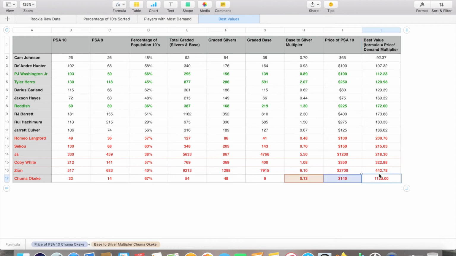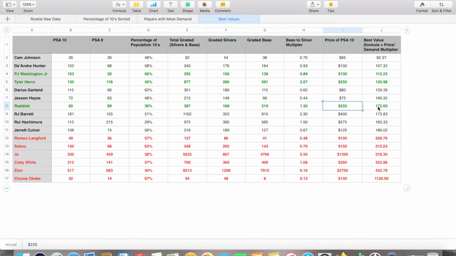So his is 1, 2, 3, 4, 5, 6, 7, 8, 9, 10. So he's got the 5th highest demand, but his value multiplier is actually the 10th highest. So to me, Cam Reddish right now at $225 with a very high demand.